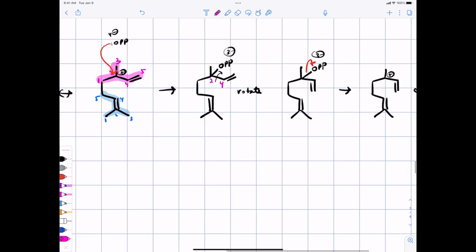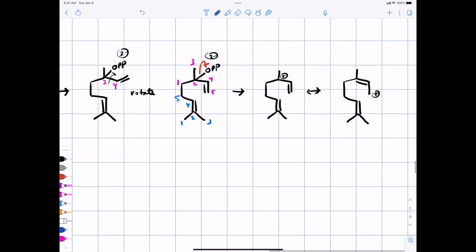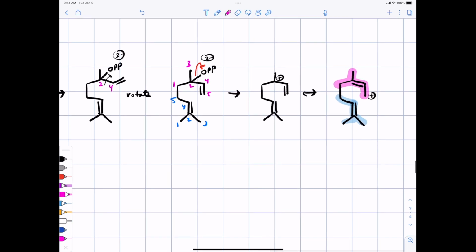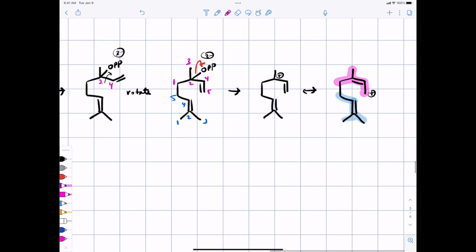And then once I've got it rotated in the right orientation, the leaving group leaves for real, for good this time, giving me my resonance stabilized carbocation that is in exactly the right position now to react. Okay, questions you want to ask about that?